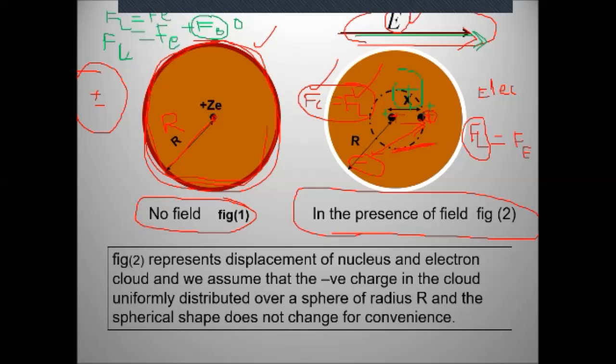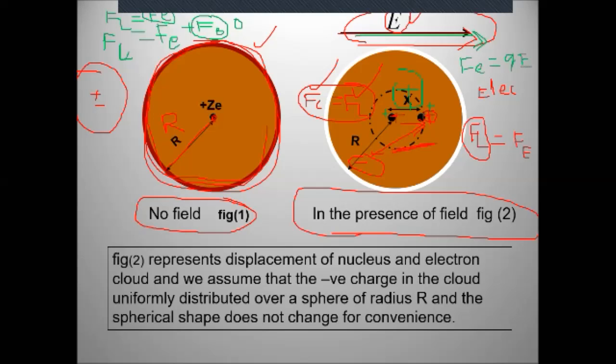What is Fe? Here Fe is the electric force. How can you calculate electric force? Electric force Fe is equal to Q, the charge, into E, the electric field strength.